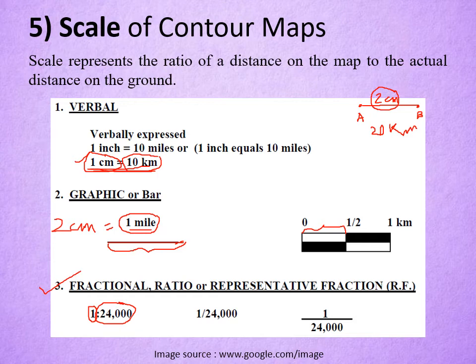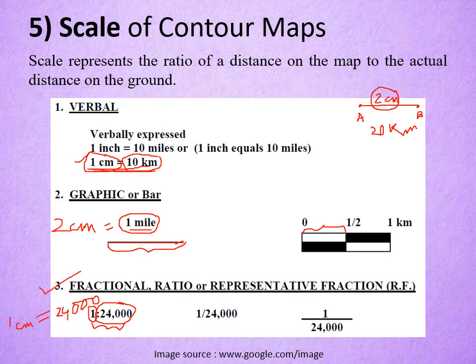And this ratio must be of the same unit. So suppose for this one, my 1 centimeter in contour map is equal to 24,000 centimeter. I already told you that for giving here in fractional scale, they must be of the same unit.